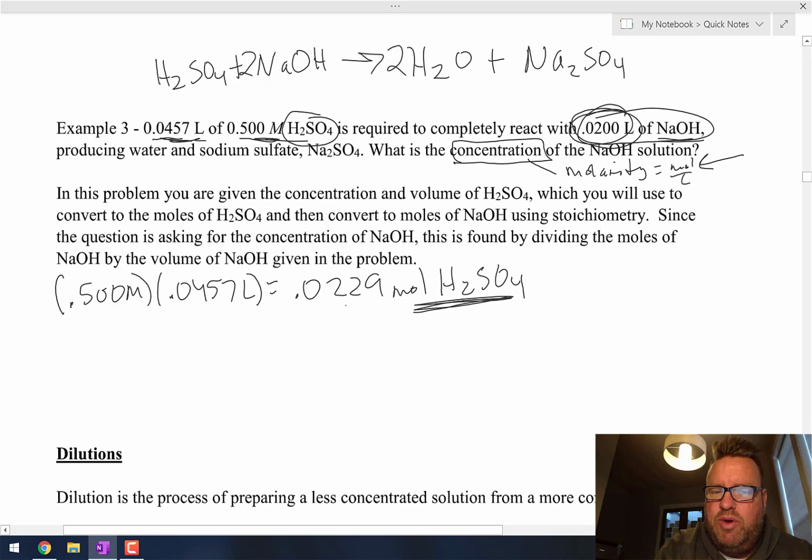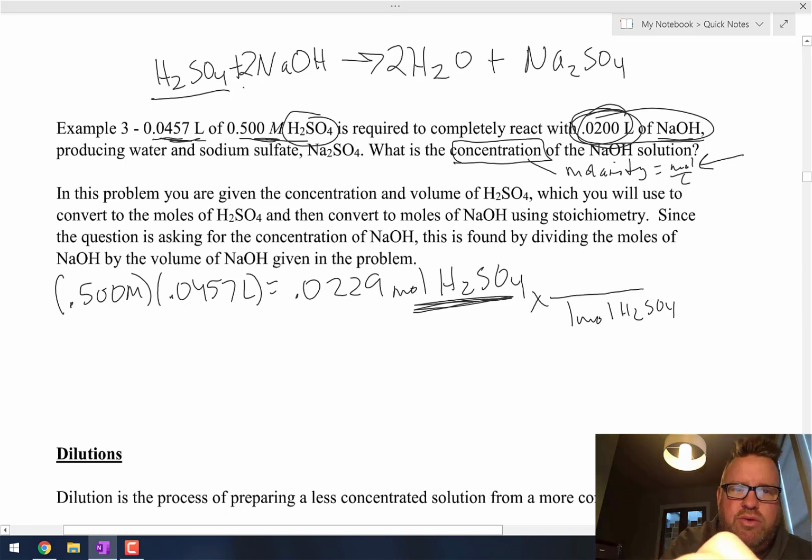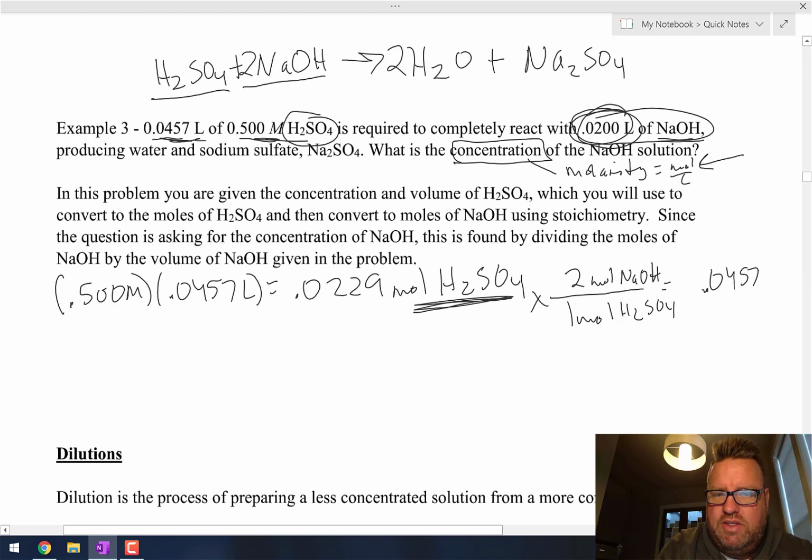So I can take 0.0229 moles of H2SO4, and now I'm going to use the balanced equation. Okay, 1 mole of H2SO4 is going to react with 2 moles of NaOH. Okay, and that's going to equal 0.0457 moles of NaOH. Now they want to know the concentration.